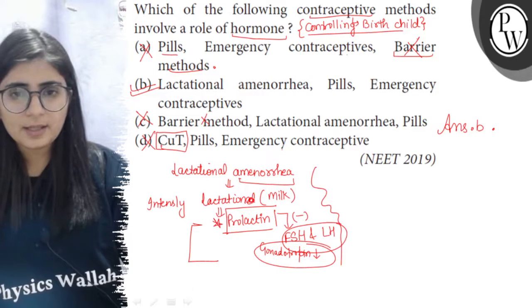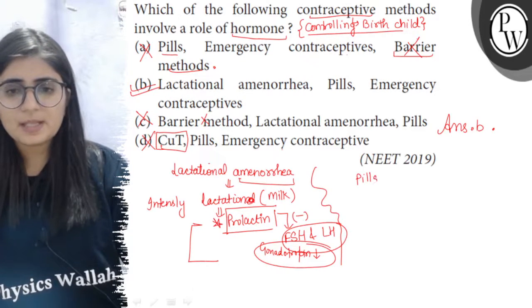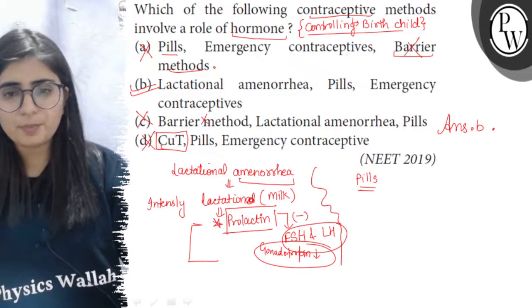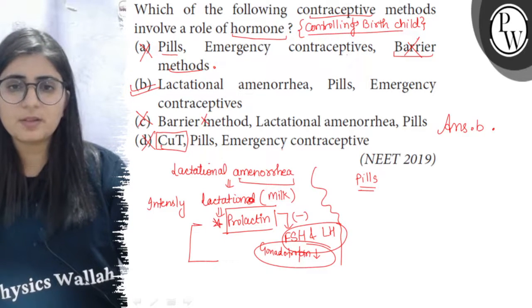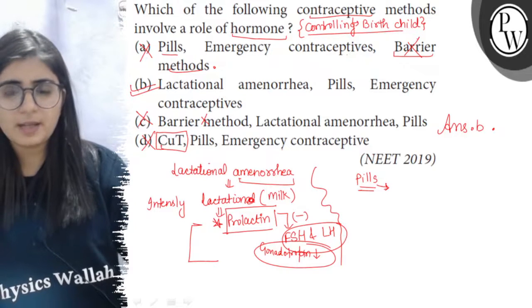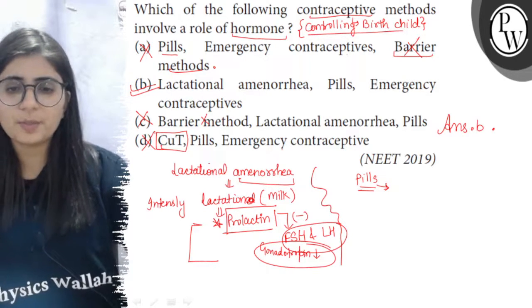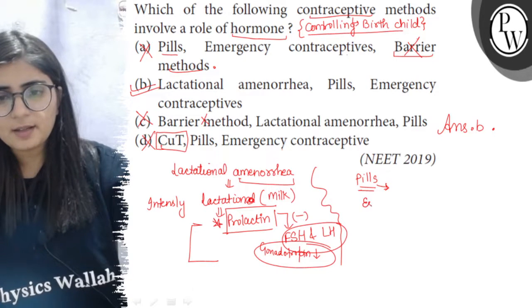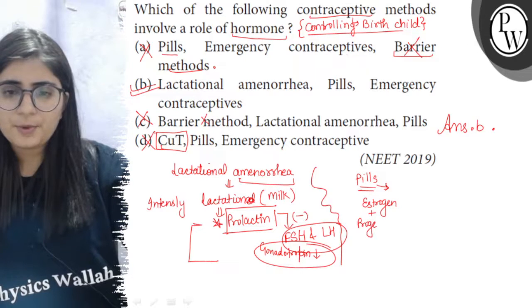Now the second method is pills. Pills can be oral pills, like emergency pills or the normal pills which are taken on a daily basis by females to avoid pregnancy. The pills contain hormones such as estrogen and progesterone.